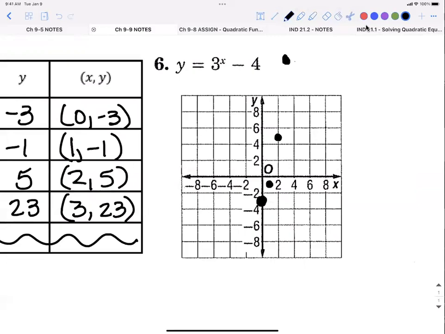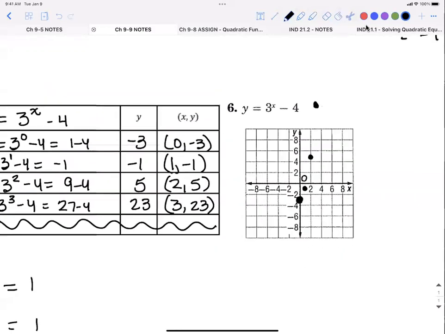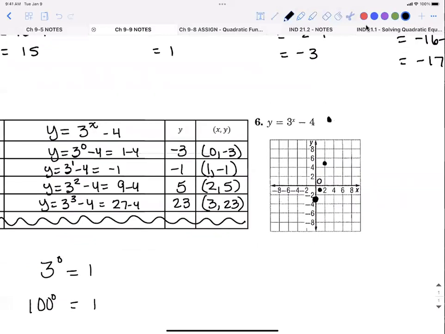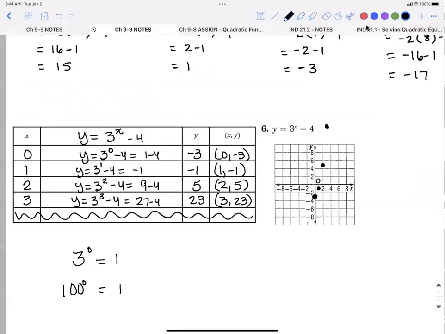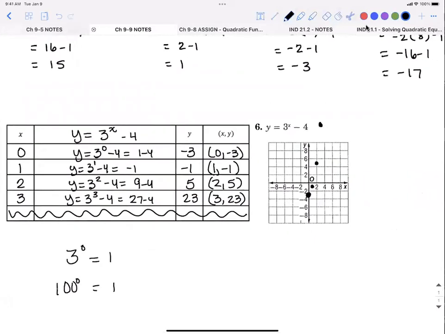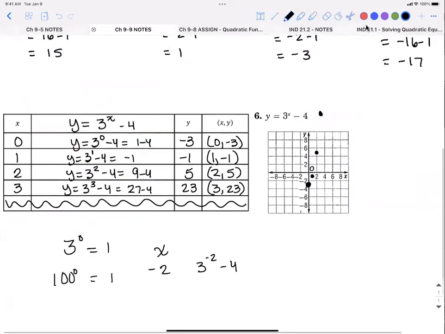Now, I skipped doing a negative, but I want to show you just what would happen if we did a negative in the exponent. All right, so I'm going to do a -2 in the exponent spot just to show you. So my x here is going to be a -2. So if I do 3 to the -2 minus 4, what do we have to do to get rid of that negative exponent? We got to flip it and it becomes 1/9 minus 4. I know.